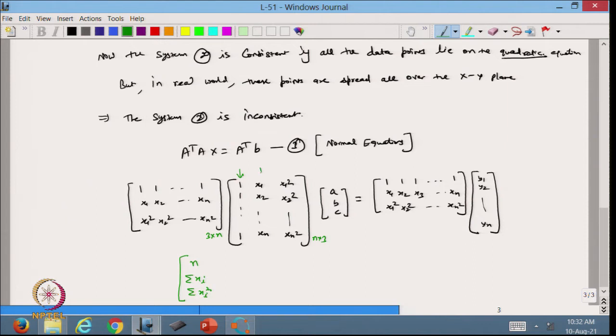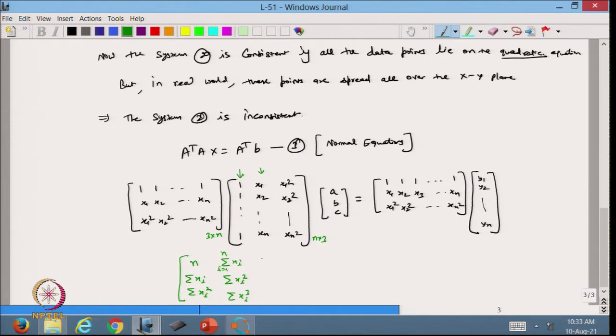Then I take the second column: summation xi, summation xi square, because x1 will multiply by x1, x2 by x2 like this, and this gives summation xi cube, where the summation is from i to n in all cases.